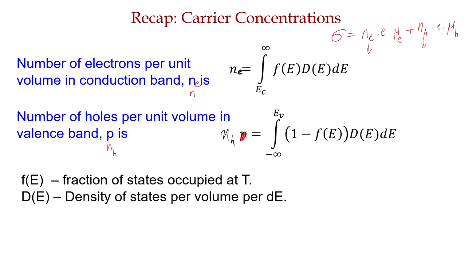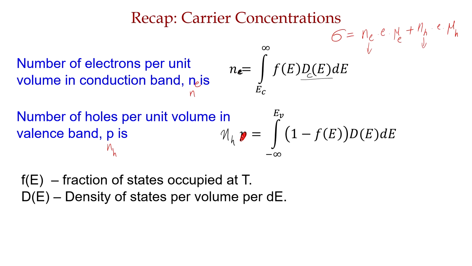So carrier concentration in a given band is determined as the product of probability of occupation multiplied by the density of states in that band. So dCe is the density of states in the conduction band, and Fe is the electron probability of occupation in those energy levels, integrated from Ec to infinity, that is from the bottom of the conduction band to higher states.